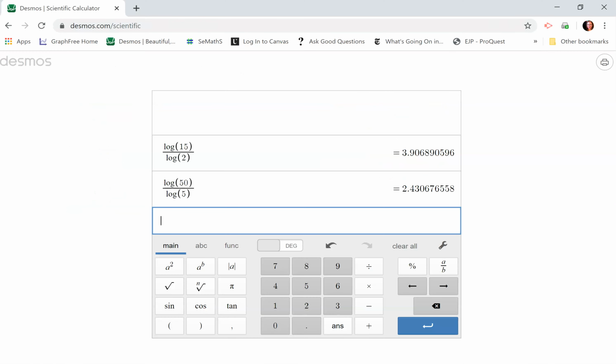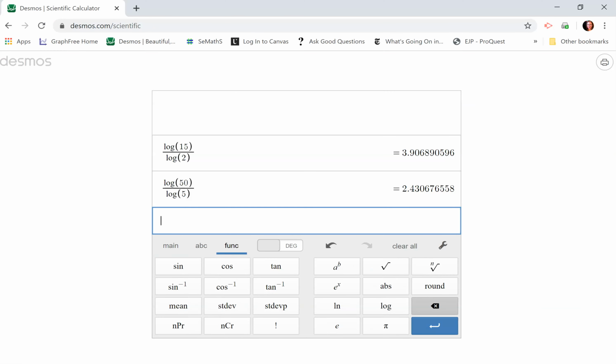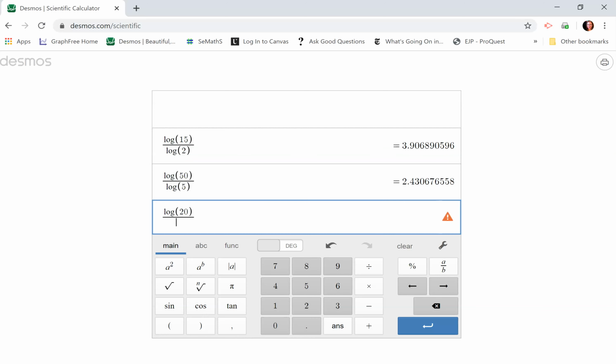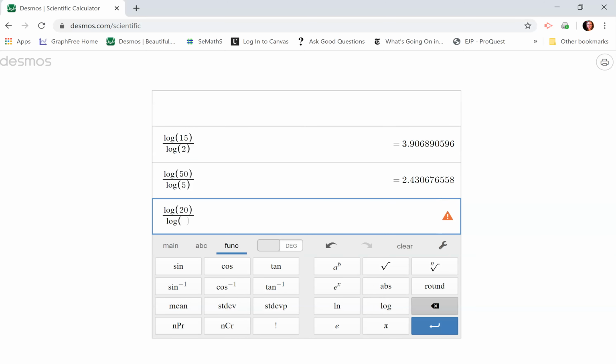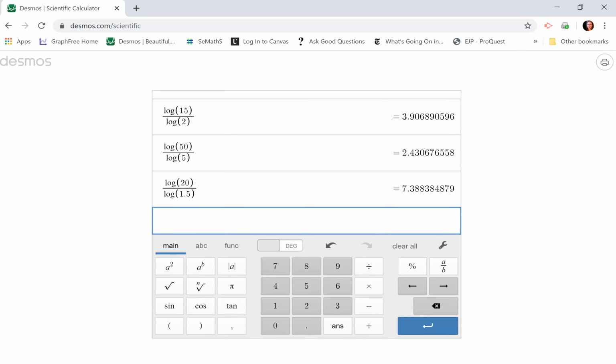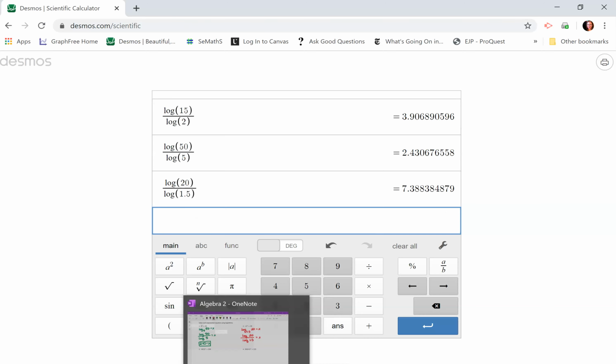Then just use your calculator. So log of 20, get out of there before you hit division, and then log of 1.5. We end up with 7.39 when we round that off.